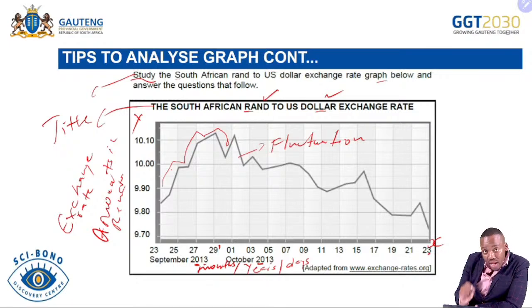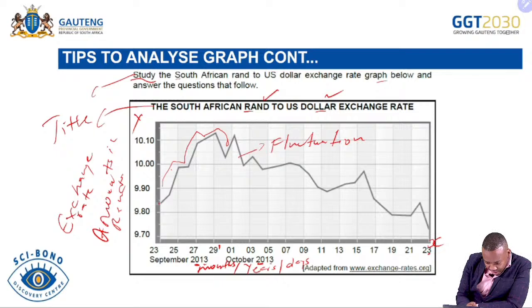Then you go inside now. So here, this gray line, it is the currency fluctuation and the value of each currency. For example, on the 23rd, how much were you buying $1 with? There it is. So maybe you can say 9 rand 89 cents or 9 rand 84.